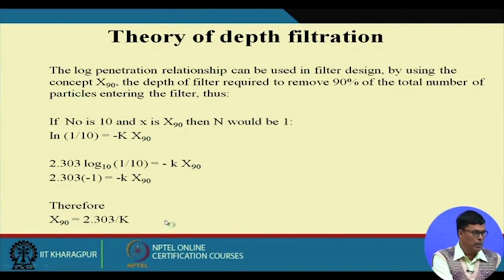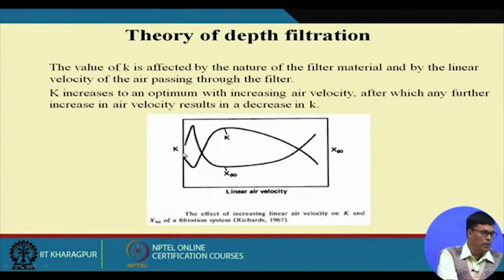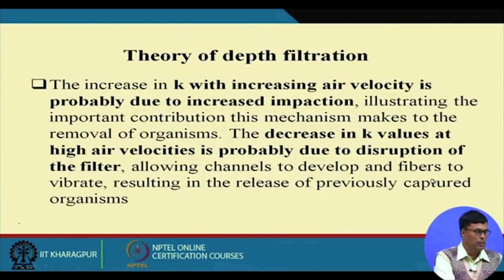That is 2.303 divided by K. Now if you plot this K value, the removal efficiency, against the linear velocity increasing, the efficiency increases, but then it decreases. Removal will be affected because at the higher velocity the drag force is so high that it will detach the particle from the glasswool fiber and take it out.